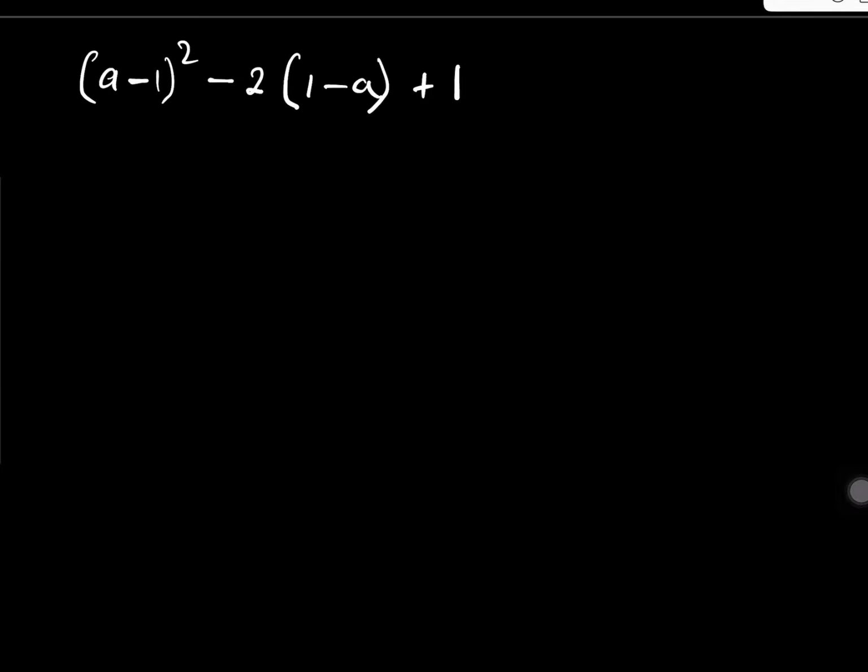So I need to change this to be the same as that. The best thing to do is to change this sign only. So you're going to have a minus 1, then you square it, because now you want this one to be a minus 1. I'm going to change this to be a positive now. Plus, you write your 2 there, and then you have a minus 1, and then you put plus 1.